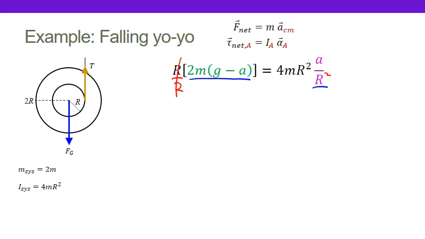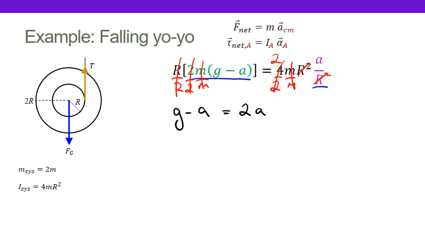Here I now have an R squared over an R, so that goes to 1 as well. If I divide this by m, I can divide this by m. And if I divide this by 2, I can divide this by 2, and that goes to 2. And so I end up with an equation that says g minus a is equal to 2a.